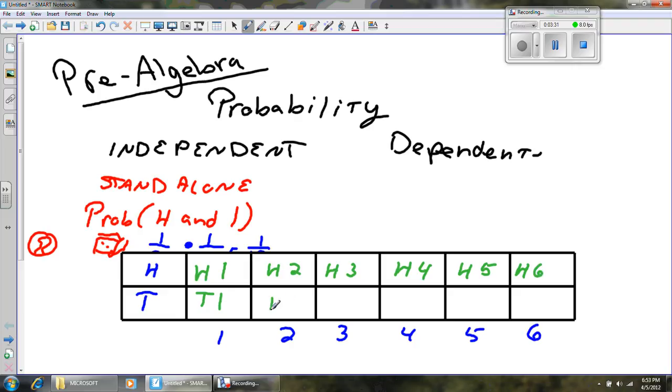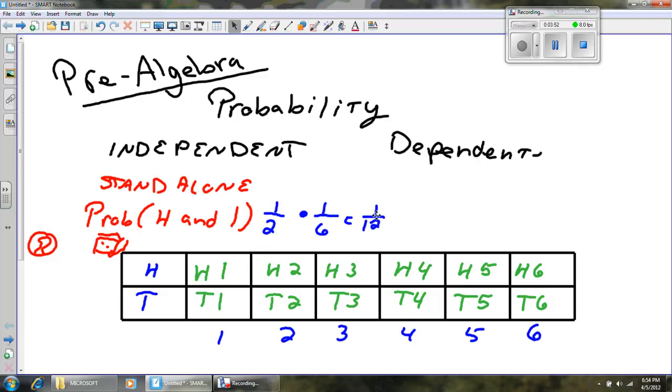And then similarly, this would be a tails and a 2, tails and a 3, tails and a 4, tails and a 5, and then a tails and a 6. Now remember, to win this game, I have to get a heads and a 1. That's what it says right here.